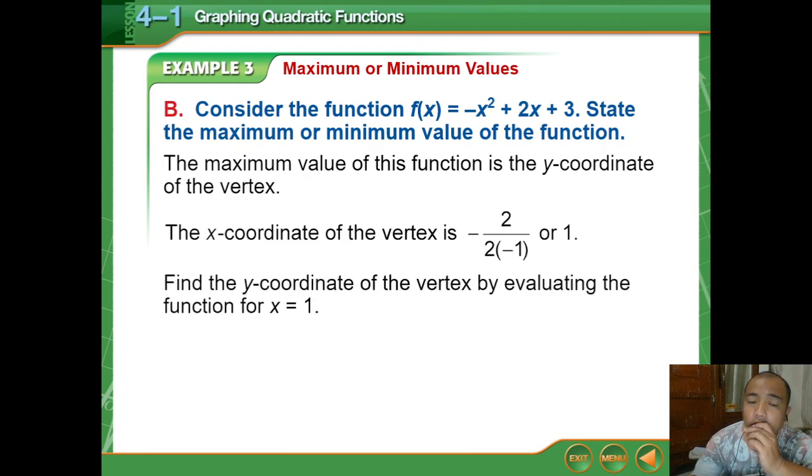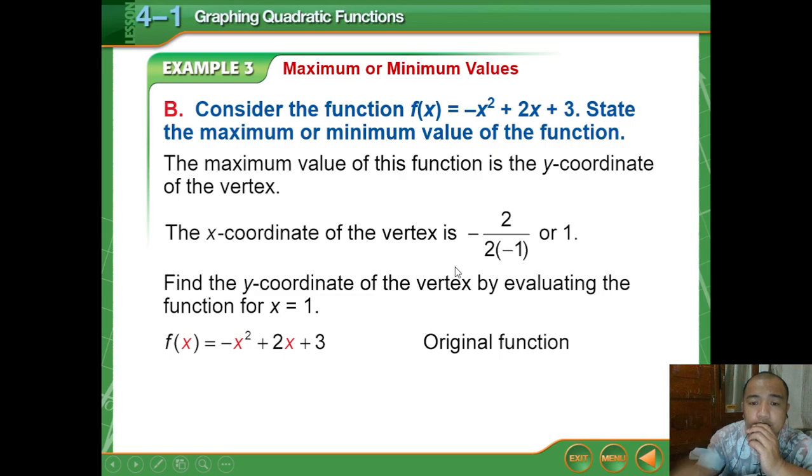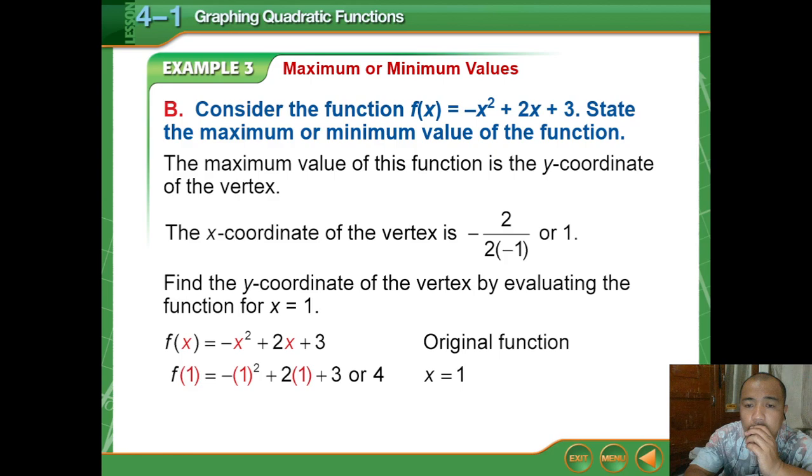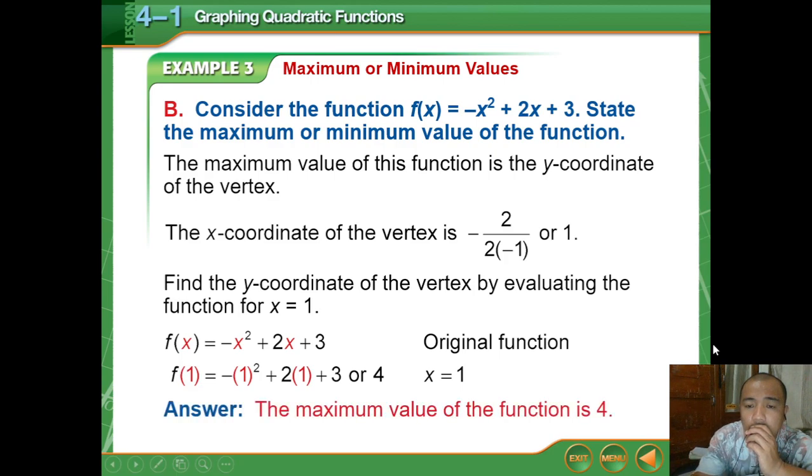To find the y-coordinate of the vertex, evaluate the function for x equals 1. Negative 1 plus 2 is 1, plus 3 is 4. So the maximum value of the function is 4.